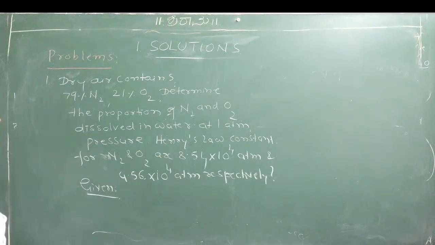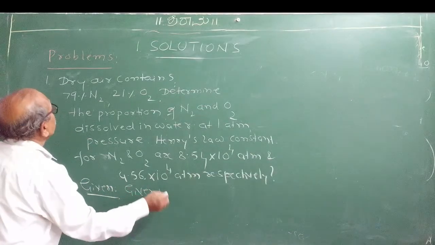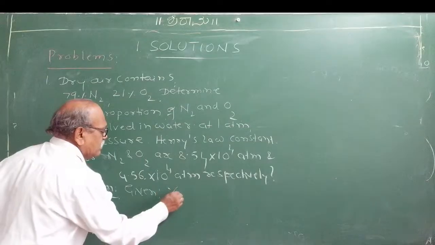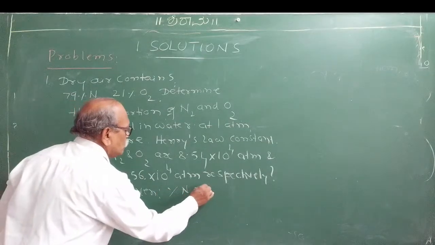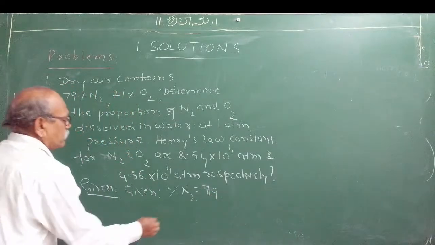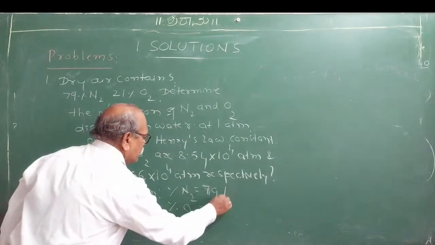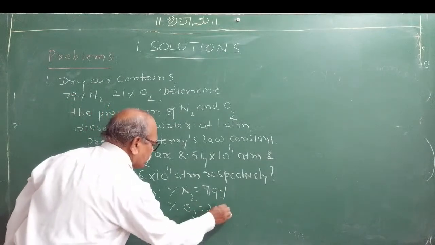What you are given, you have to note down. Given that percentage of nitrogen is equal to 79, then the percentage of oxygen is 21%.